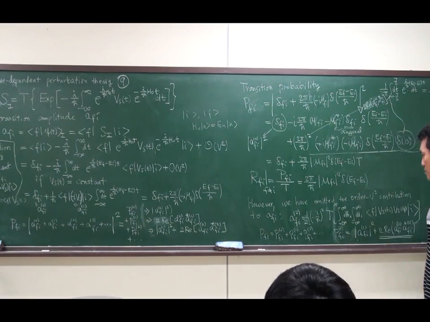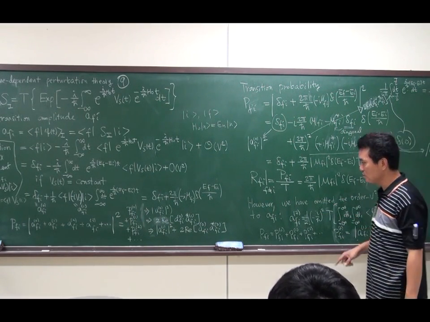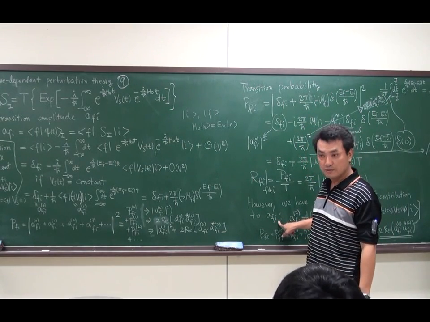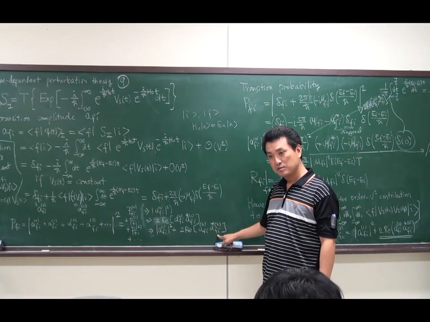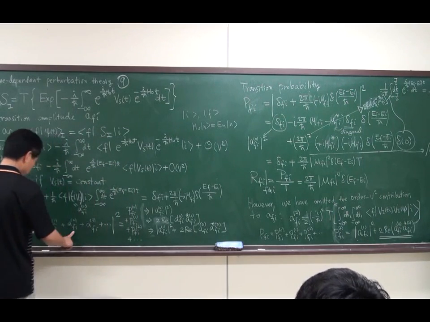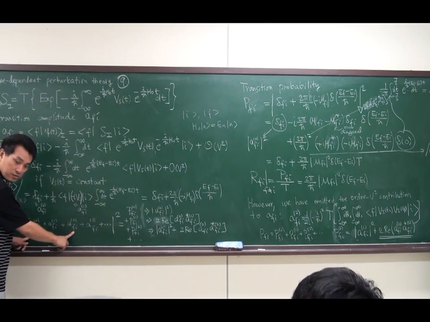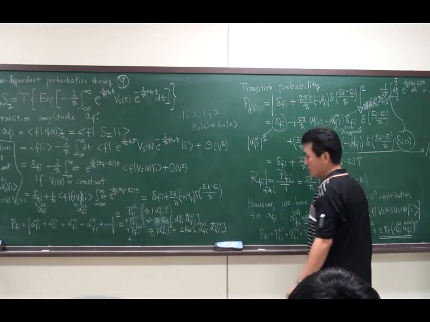As I already told you, however, we have omitted the order V squared contribution at the amplitude level. And that contribution in the interference term between the 0th order and 2nd order may contribute. I'm not sure.